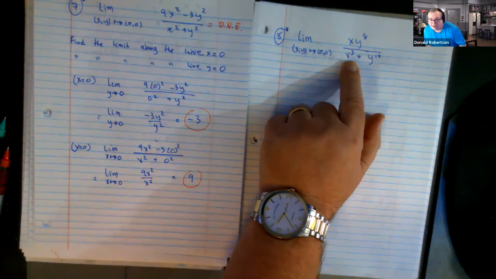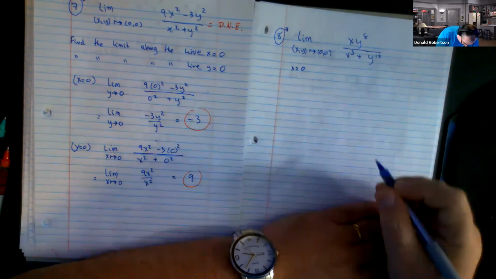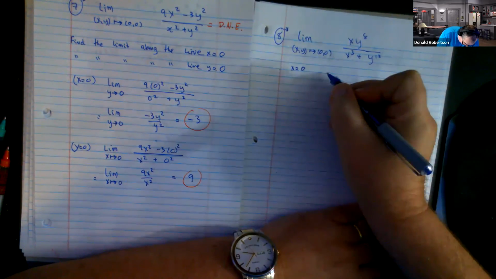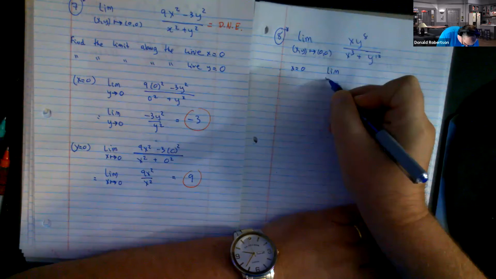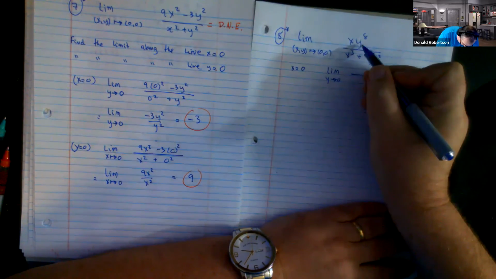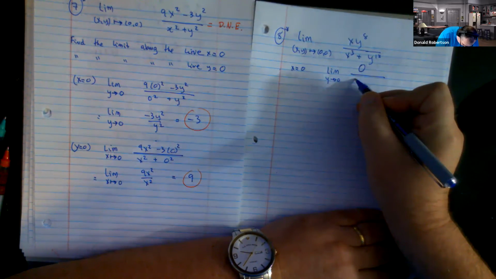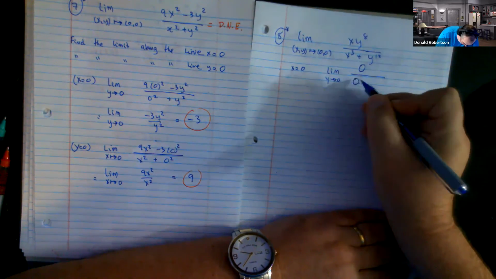If you do x equals 0, let me show you what the problem is. What do you get? Well, you get the limit as y tends to 0, no biggie here. X is nothing, y to the 0, so that's that. On this side, you get x cubed, which is 0, and then you get y to the 12.